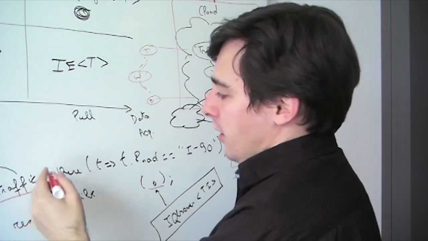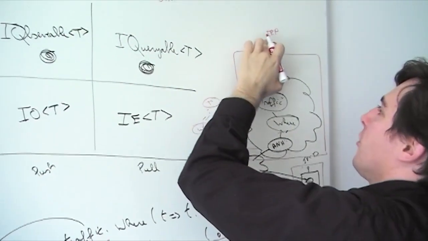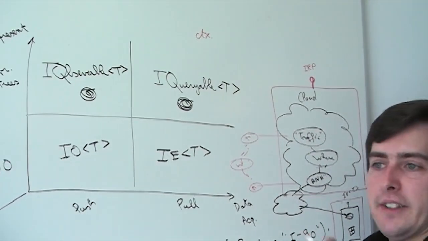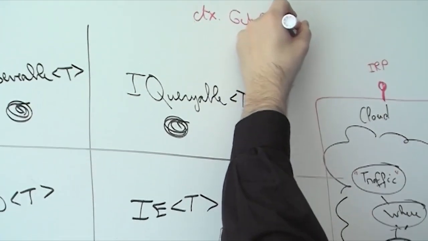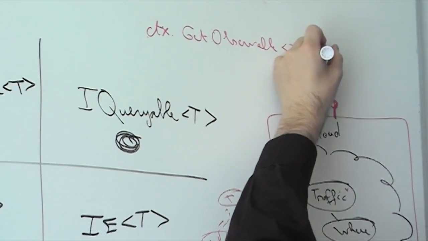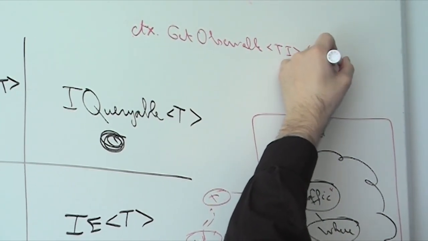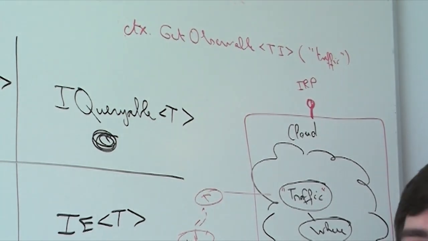So when you do something like context, which is an instance of IRP for the cloud, like data context, and you do get observable of traffic info, and you pass in here traffic, the identifier. In reality it's a URI, just to have some more structure to the string.